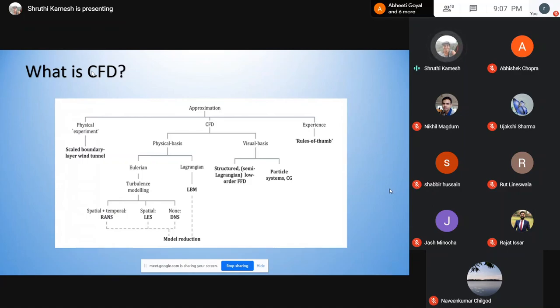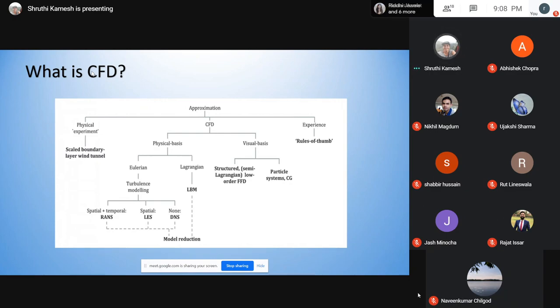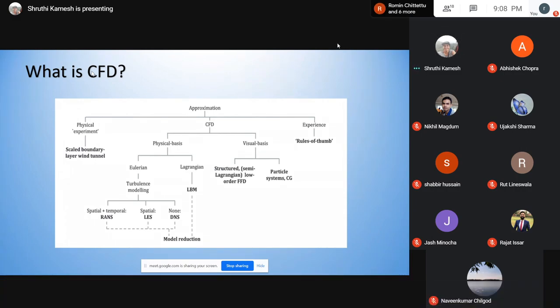Okay, fine. Anyway, I will just give a brief overview of what CFD is and why we need CFD in the first place. So, computational fluid dynamics is essentially the analysis of fluid flow and heat transfer over an object, and analyzing those properties to gauge the object's reactions to physical phenomena and make engineering decisions based on that.